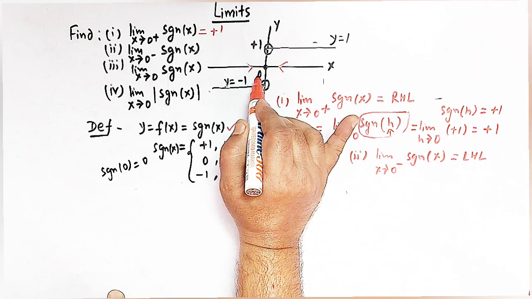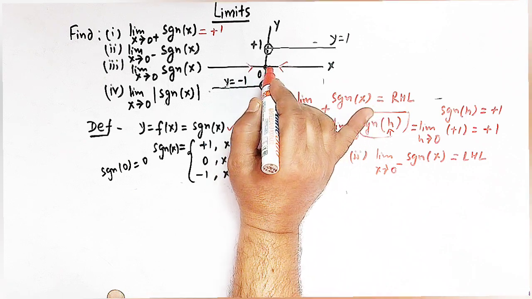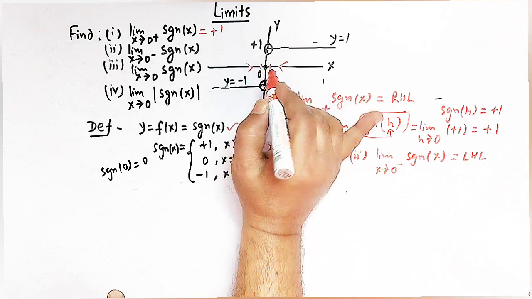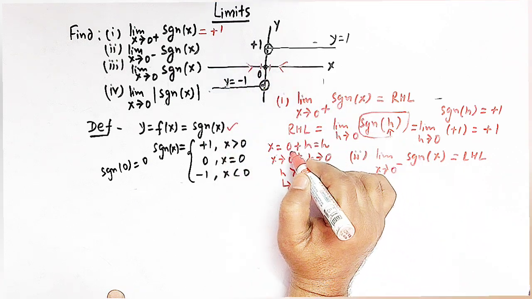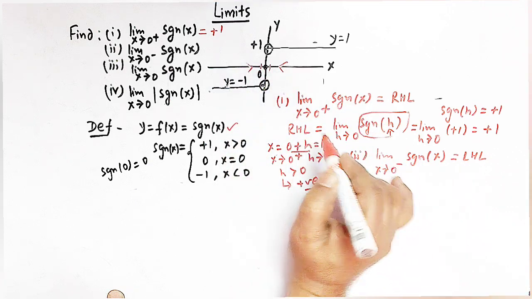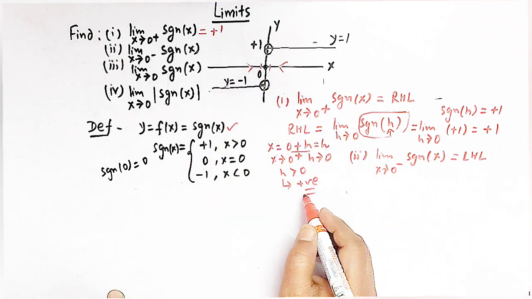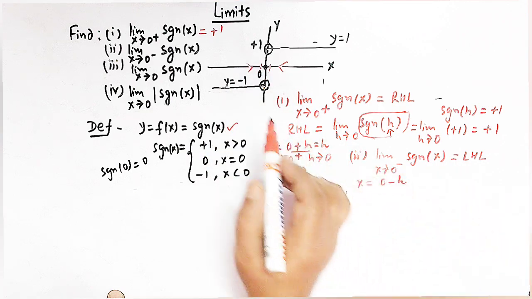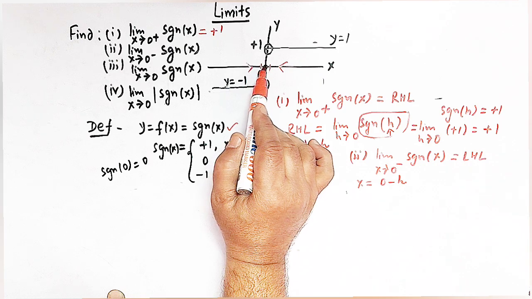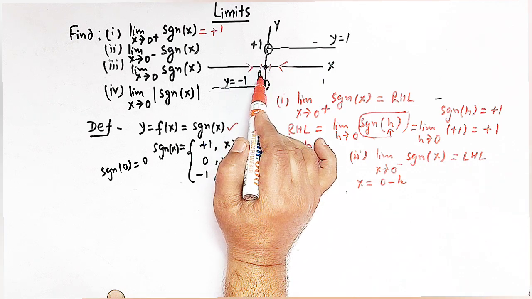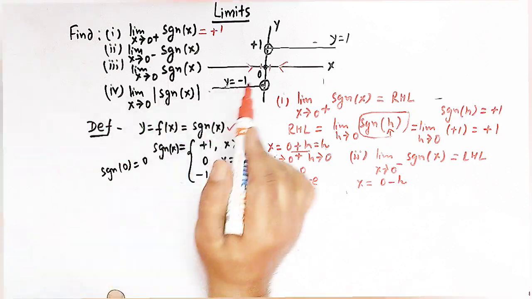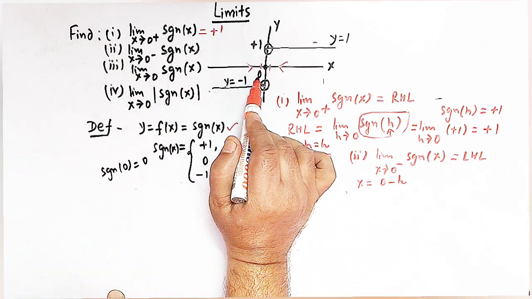And in the neighborhood of x is equal to 0, we are considering 2 points, that is this point is 0 plus h, that is h, and now we'll take here x is equal to 0 minus h. So this point lies very close to x is equal to 0, but it lies towards the left of x is equal to 0.